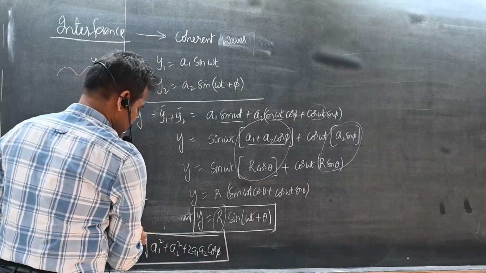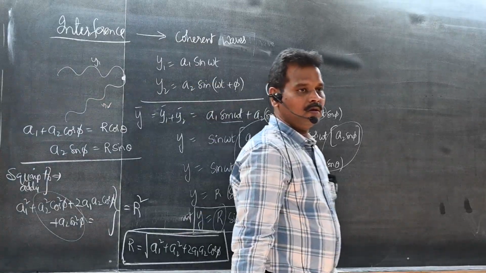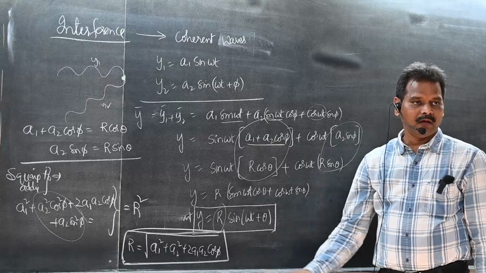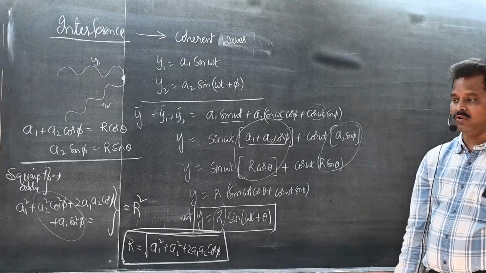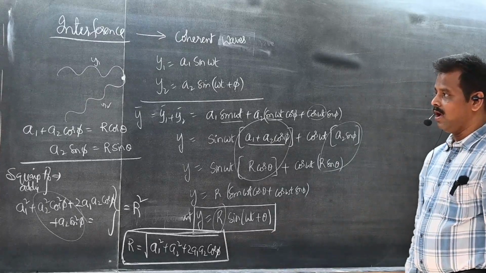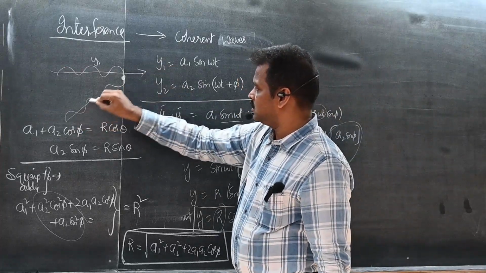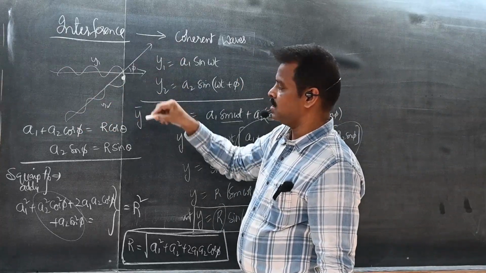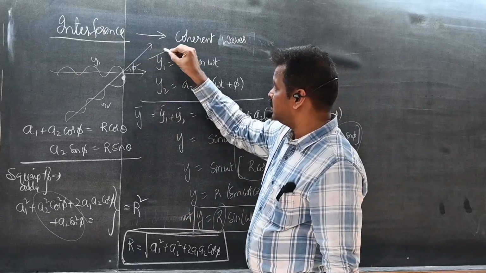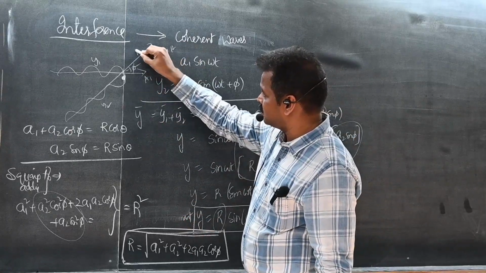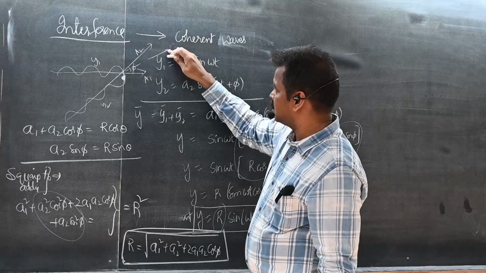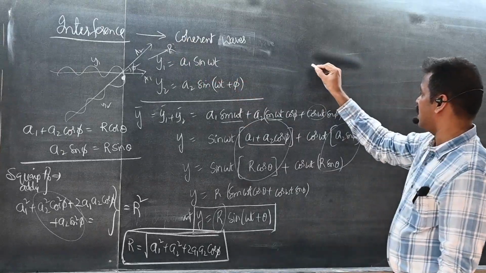Already we studied this in a previous topic, the superposition of two simple harmonic motions. So this is R. Now, if you see this one, this wave is coming in this direction, this wave is going in this direction, this is the phase angle, and the resultant will be in this direction. So this is A1, this is A2, this is R. The same thing I am drawing here.